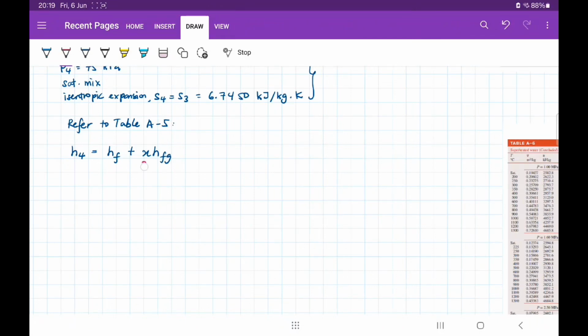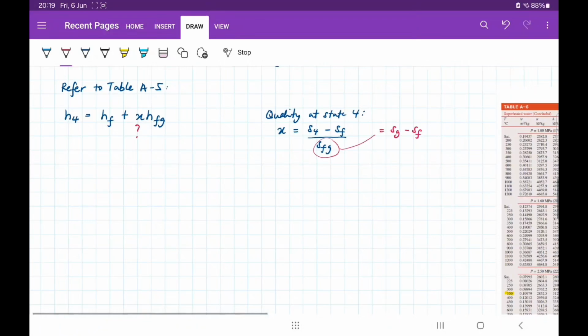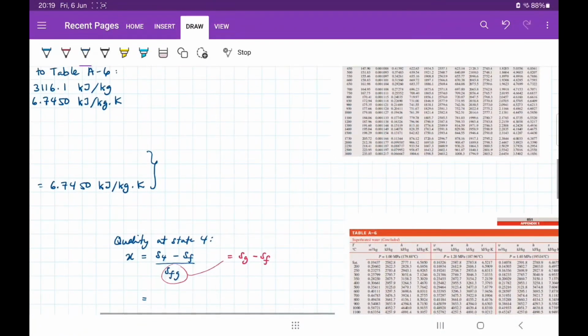So we need to find x first. Let's determine the quality. So x should be equal to your entropy minus sf, divided by sfg, and this is equivalent to sg minus sf. So let's look at table A5.